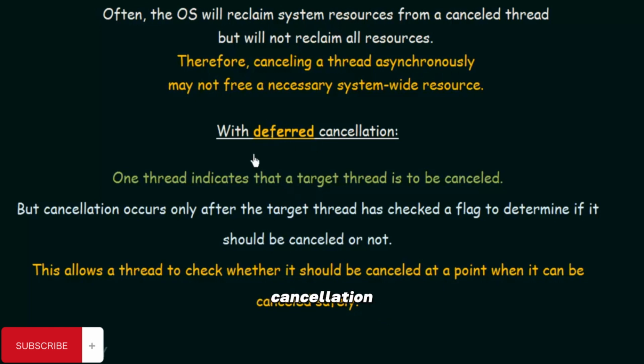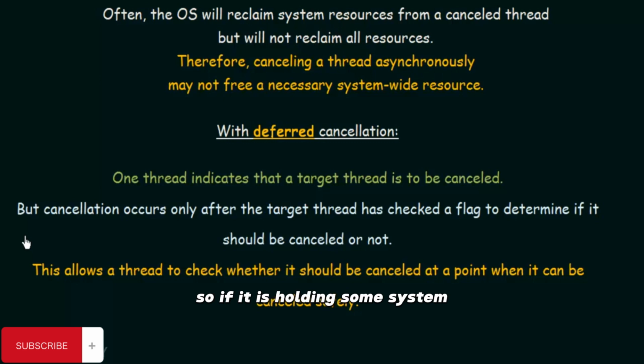With deferred cancellation, what happens is when a target thread has to be canceled, the thread that is going to cancel it will indicate that this target thread has to be canceled. But will it be canceled immediately? No, the cancellation will occur only after the target thread has checked itself and has determined that it is in a position to be canceled.